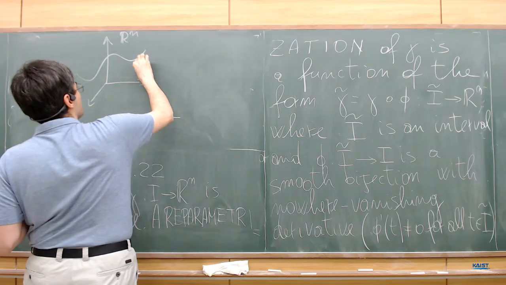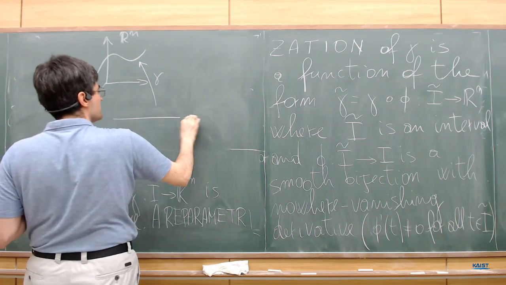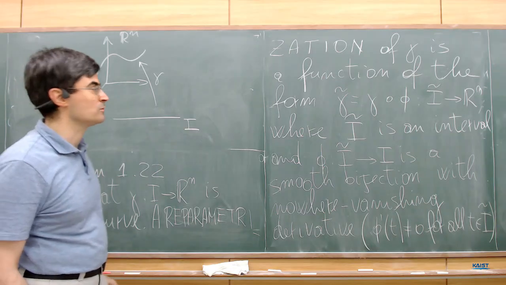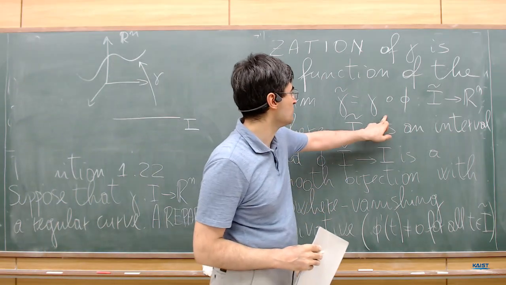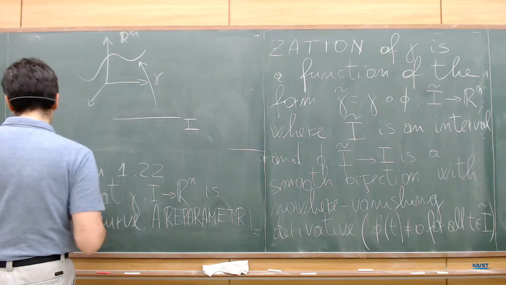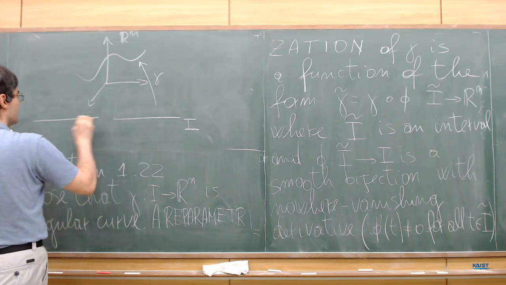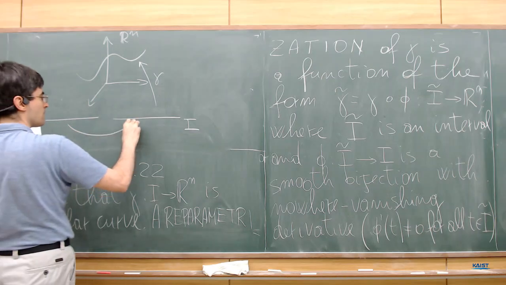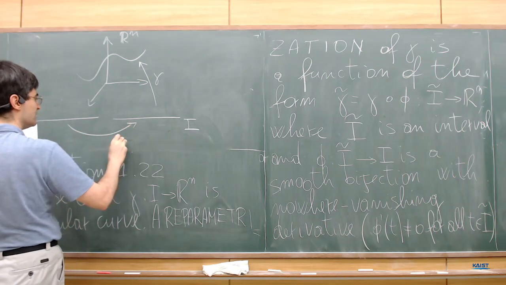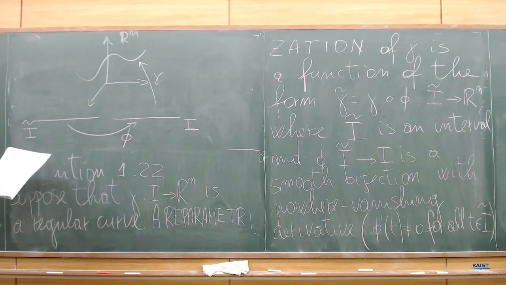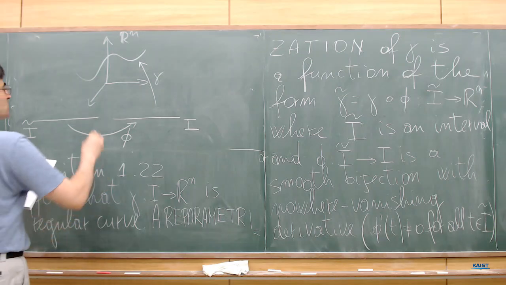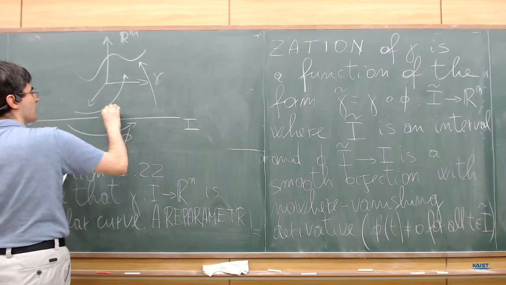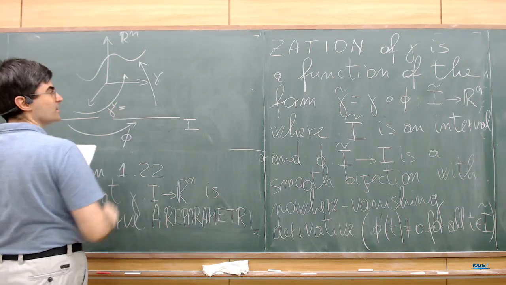So this is the map gamma, this is I. The definition says that the reparametrization of gamma is a function of this form here, where phi is a map from an interval I tilde with values in I, and gamma tilde is a composition of gamma with phi.